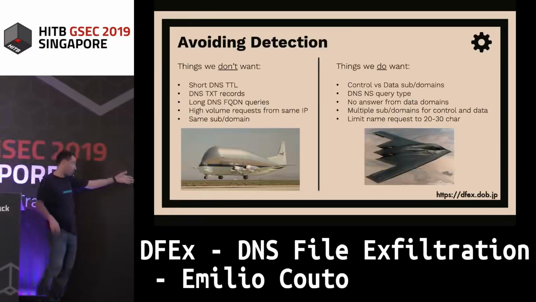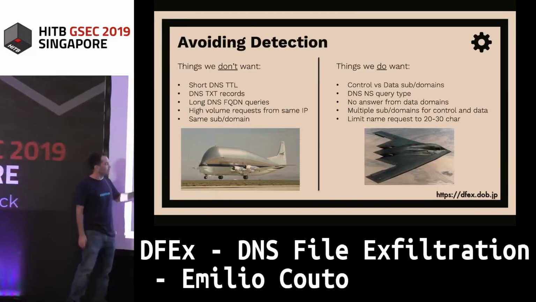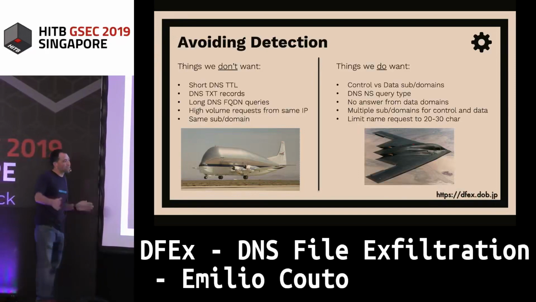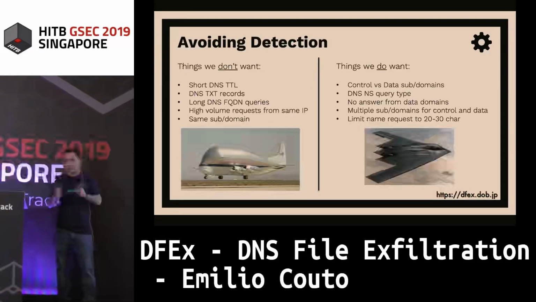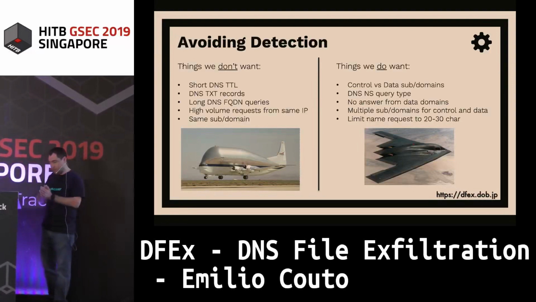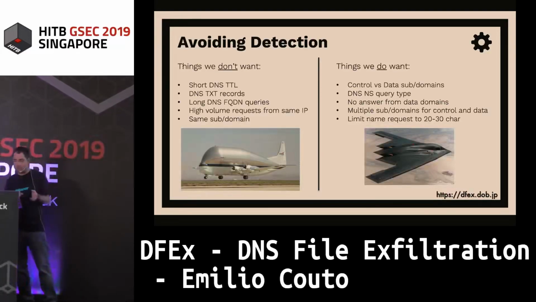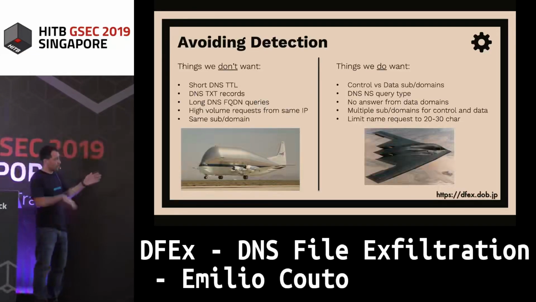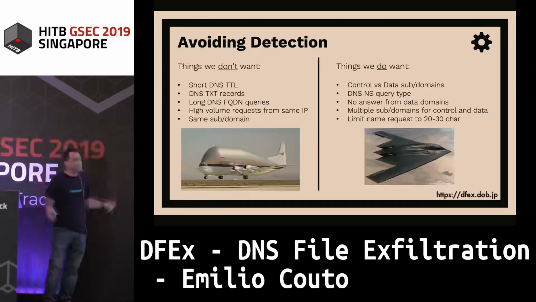So this is what I don't want. This is what I'm trying to avoid. So I'm going to go that way. First of all, I want to split the control and data domains. Like any proper protocol, like switching or routing, you split things: one thing for control, one thing for data flows. So I want to split the flow into different control and data domains, different names, one or more, multiples.